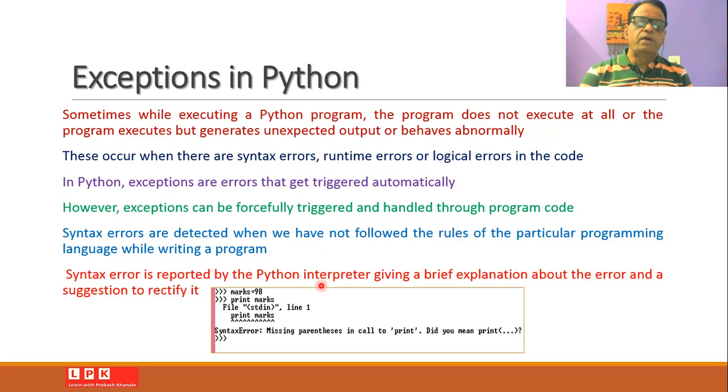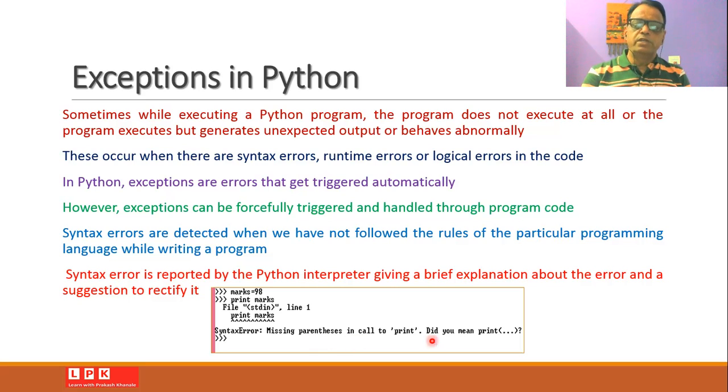Say, for example, if I write a small code where marks is equal to 98, and then I write print marks, I have forgotten to use brackets with the print function. The Python interpreter will give me a syntax error saying there is a missing parenthesis in the call to print.